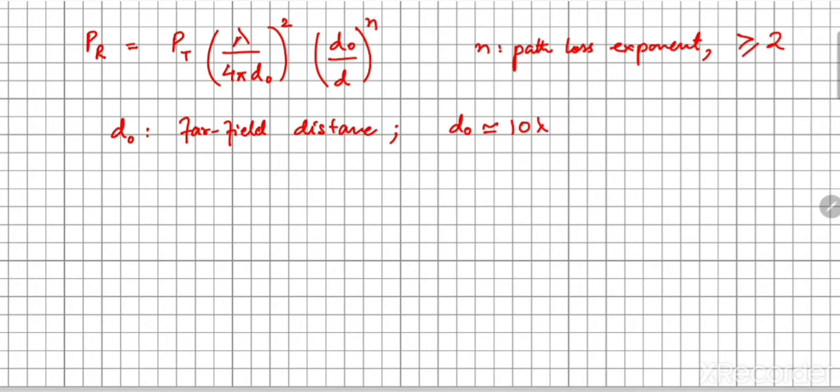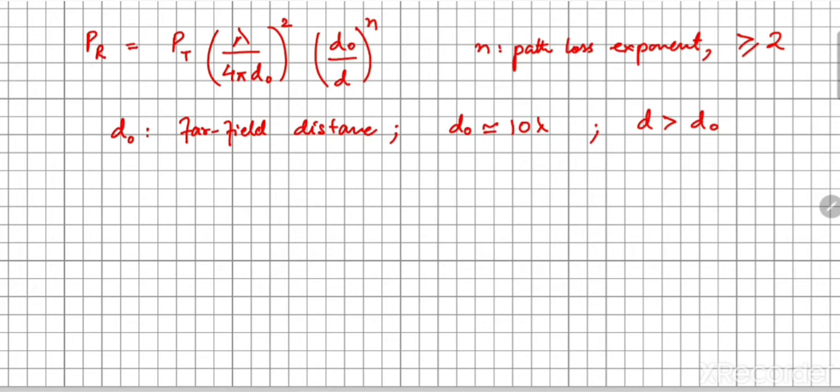This notion of D naught comes into play because the electromagnetic wave propagation is different in the near field as compared to the far field. The model that we are writing above applies only to the far field. That is, D in the above expression has to be greater than D naught.